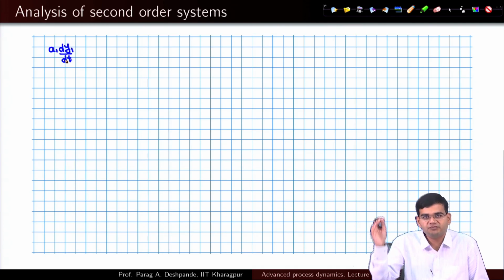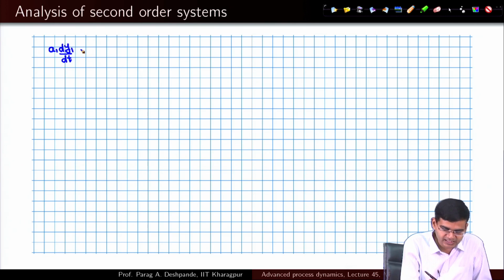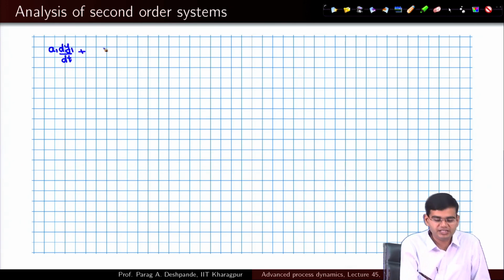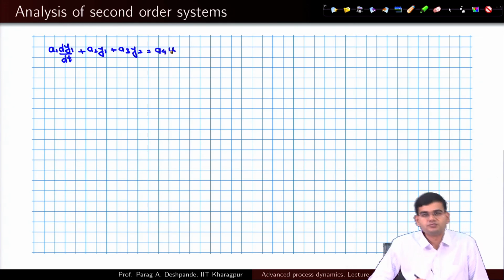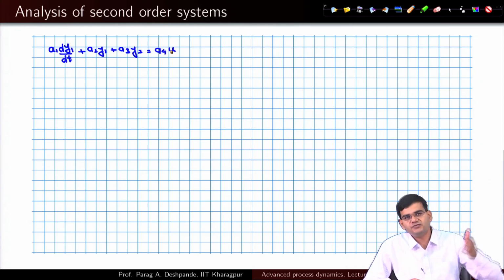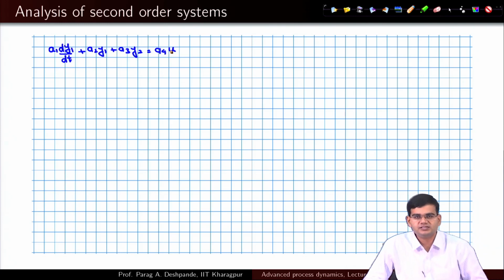As we saw, the liquid level in the first tank was a function of H1 and H2 both. So, I can write this as A1 dy1 by dt plus A2 y1 plus A3 y2 is equal to A4 u. The only forcing function in the system is u.